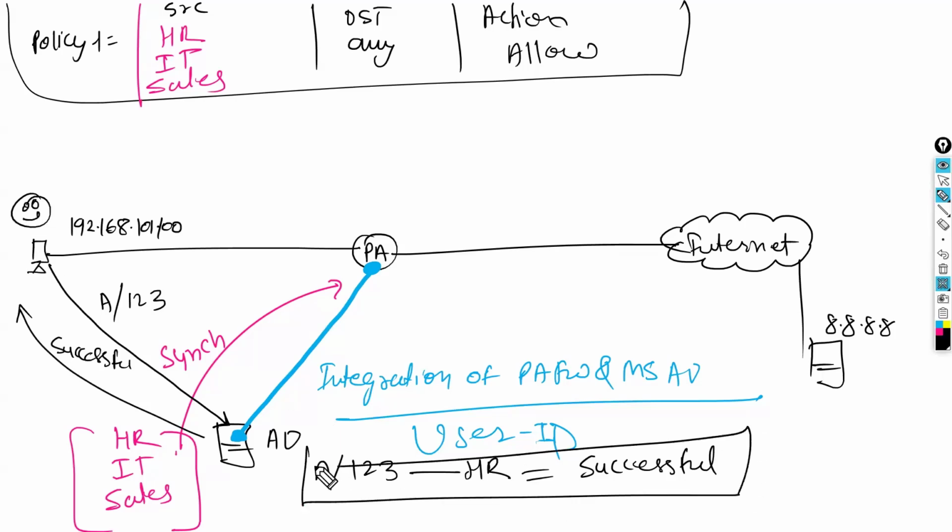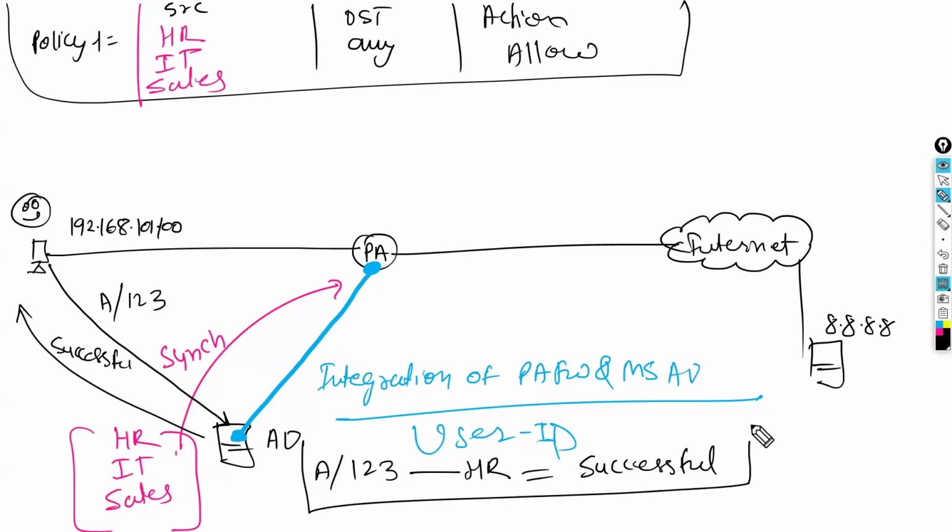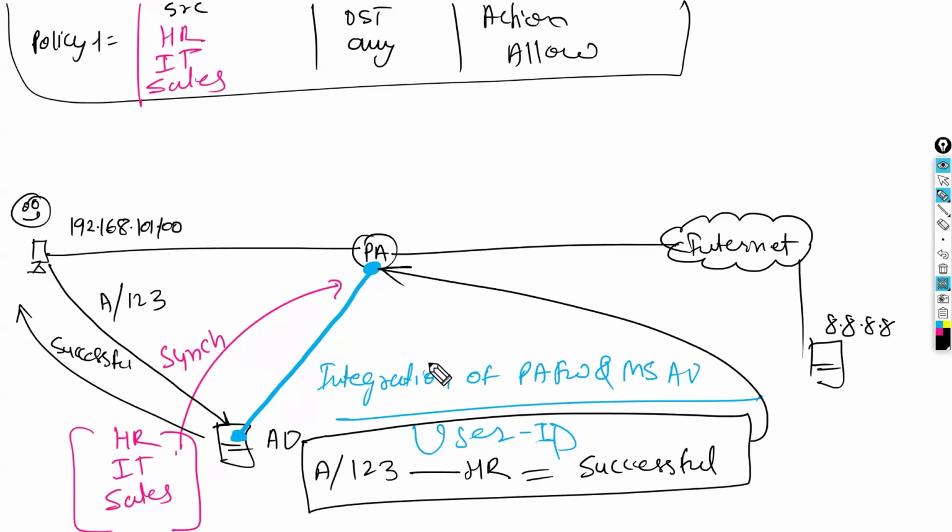This information, AD will send to Palo Alto. Got it or not? Palo Alto will get the information. Okay, so user IP address is which one? 192.168.101.100. So AD will send information like user A, not password, IP 192.168.101.100.